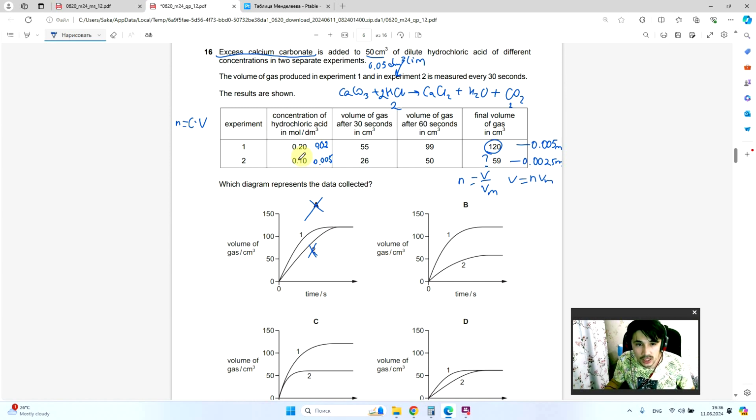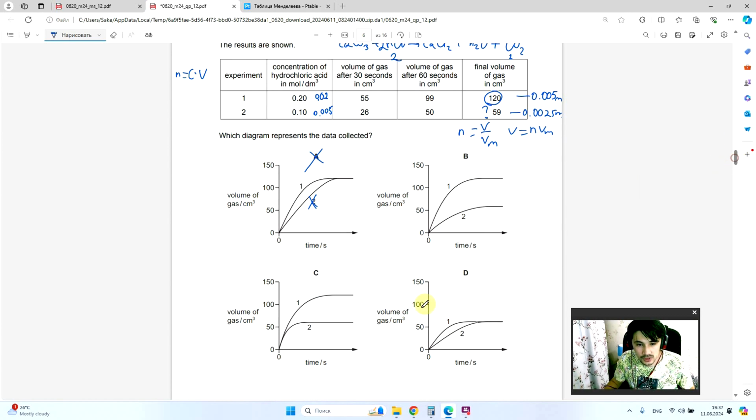So for experiment 1, it should be of a different slope. So it should describe that the first reaction is going to take place faster. So this actually doesn't contradict. And in experiment 2, the slope is different, describing slower reaction.